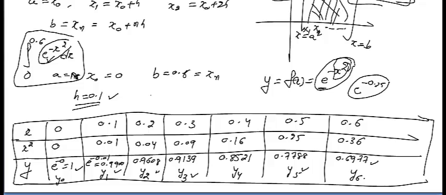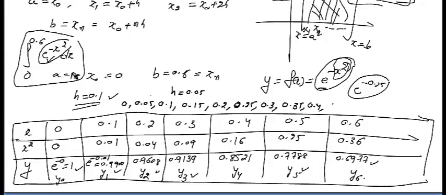Because if you take h as 0.05, starting is 0, then 0.05, then 0.1, then you add 0.05 again you get 0.15, next you get 0.2, 0.25, 0.3, 0.35, 0.4, 0.45, 0.5, 0.55, next you get 0.6.